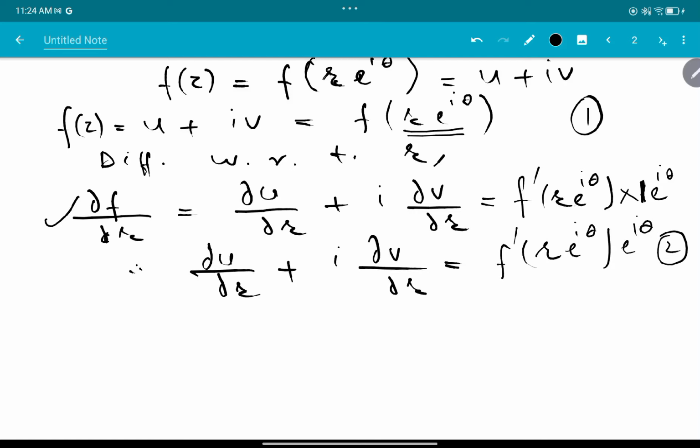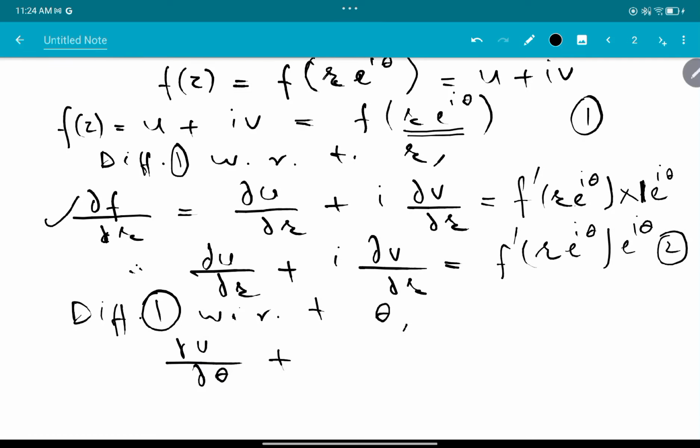Next, let us differentiate first with respect to theta. If I differentiate it with respect to theta, I will have del u by del theta plus i del v by del theta is equal to, it's not v dash, del v by del theta.